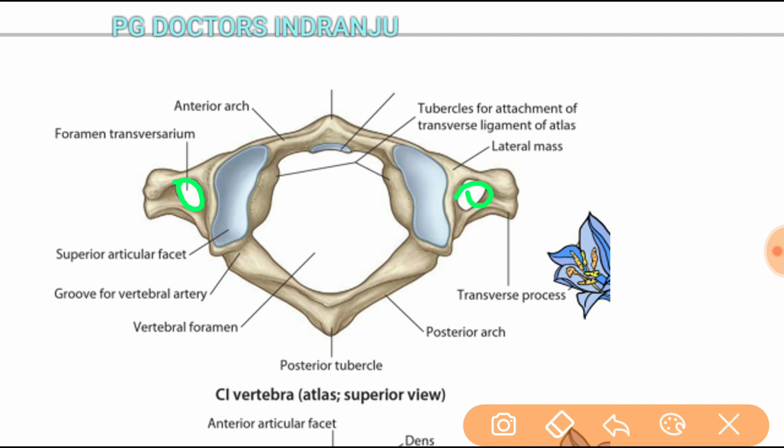The body of the cervical vertebra is smaller with respect to the thoracic vertebra, and the transverse process is also smaller.